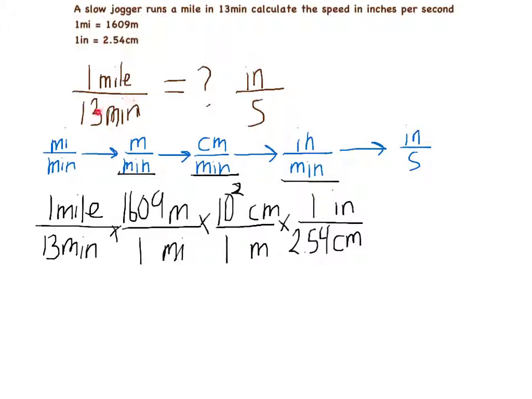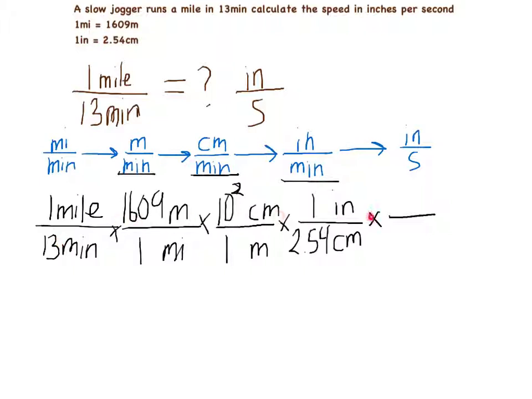Now all we have to do is convert the denominator, the minutes, into seconds. And okay, so this gets kind of tricky because we're trying to convert units in the denominator. Every time before we were converting units in the numerator. But this way it kind of gets reversed. So remember, this conversion factor is for the minutes that are way over here in the denominator.